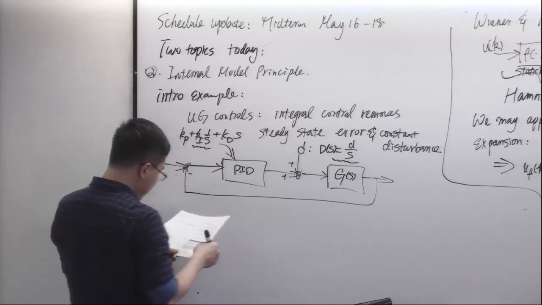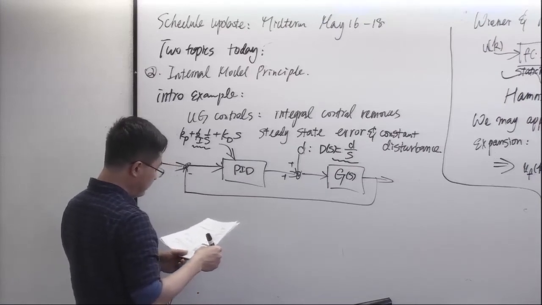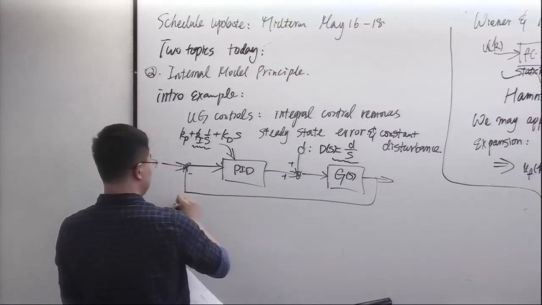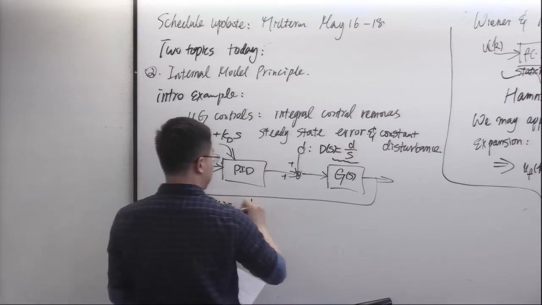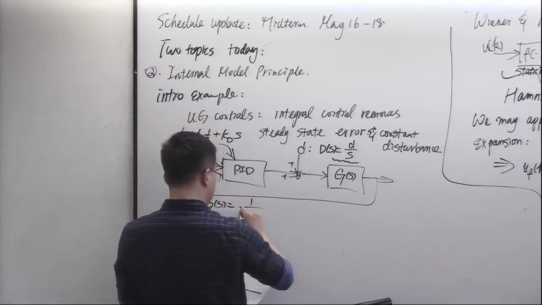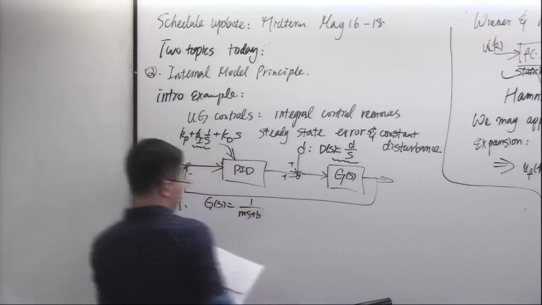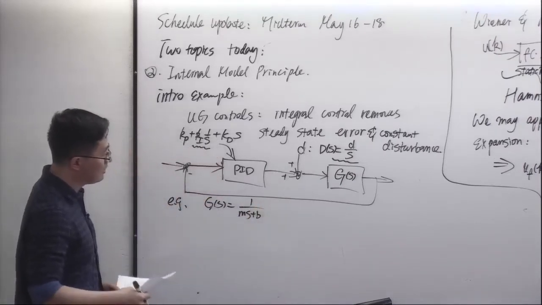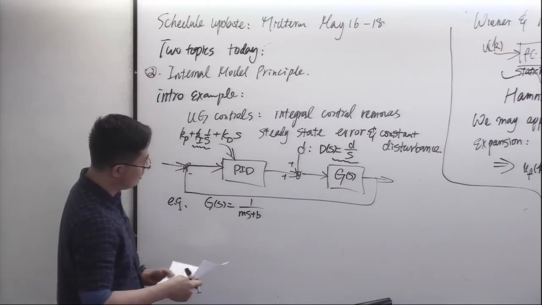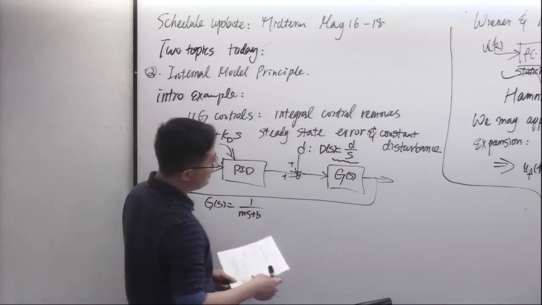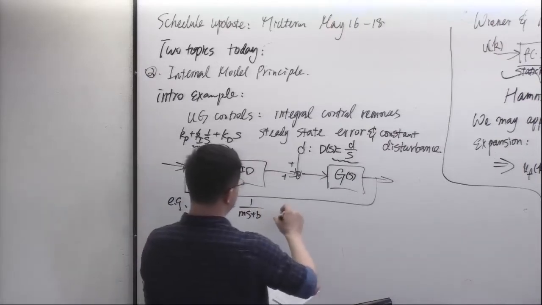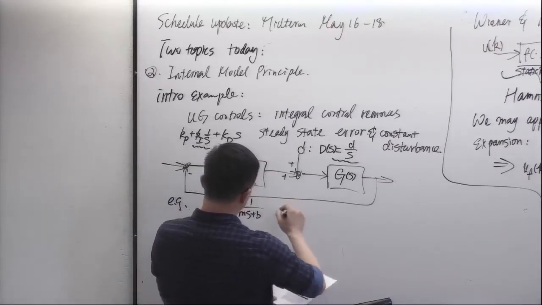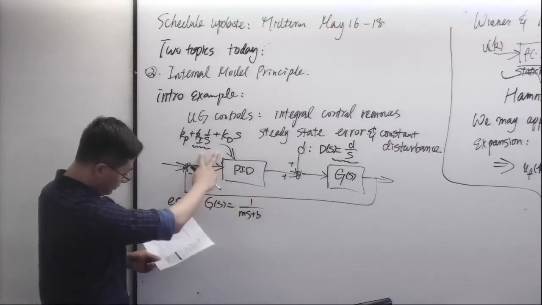So let's see an example where your plant is a first order system, right? It's a mass with a damping inside. Then let's say the PID control is the same as this.